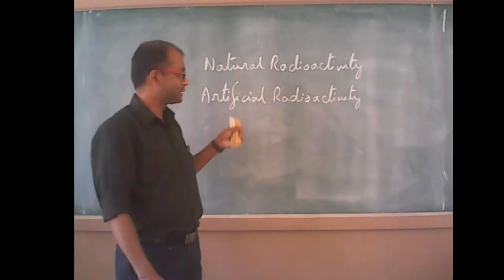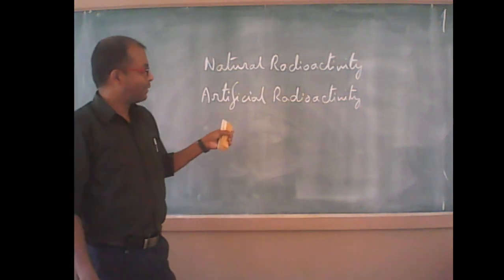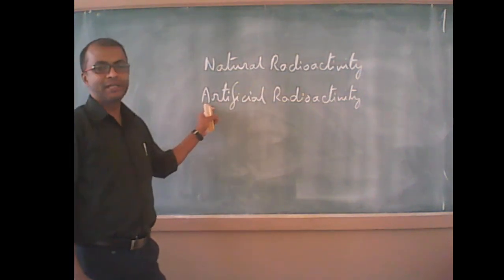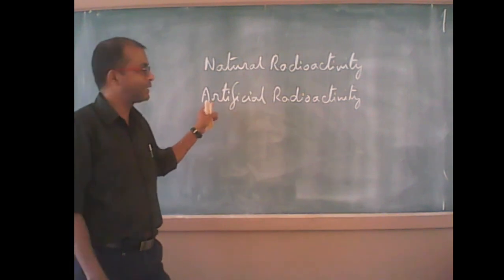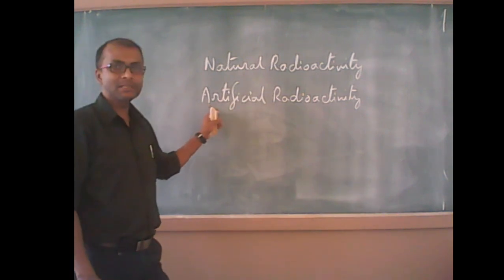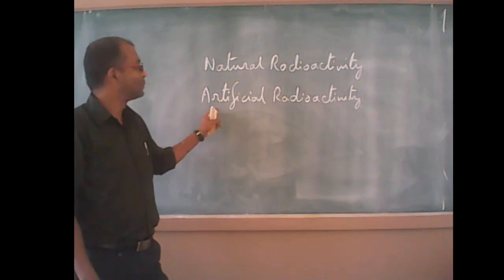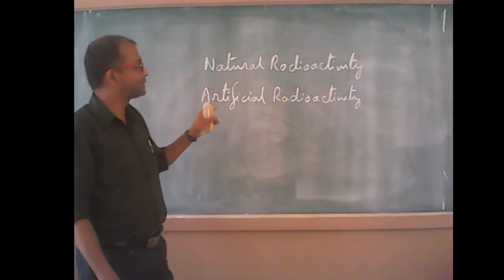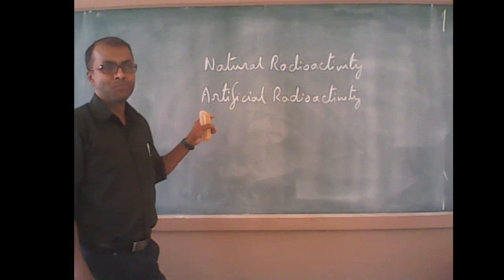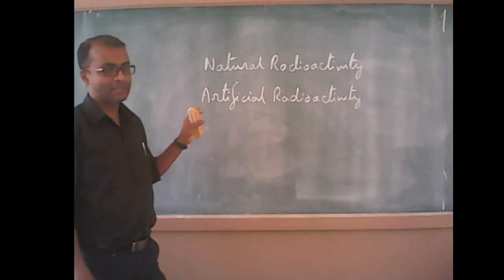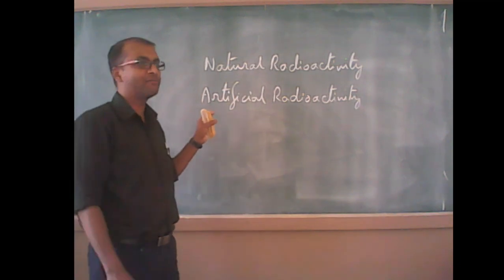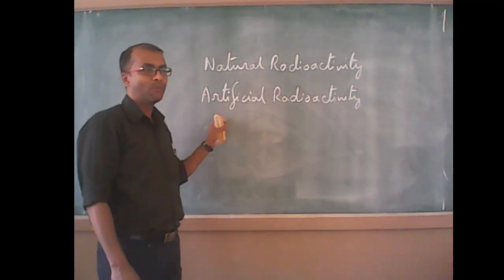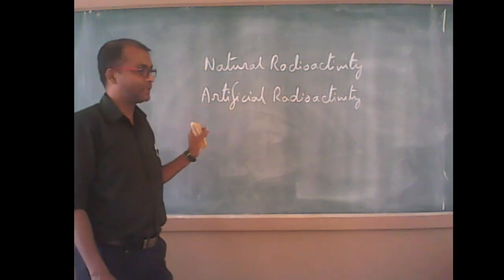They are naturally unstable. On the other hand, artificial radioactivity is a phenomenon exhibited by nuclei of elements which have been made unstable artificially. Stable elements can be made artificially radioactive by bombarding them with energetic particles and radiations.